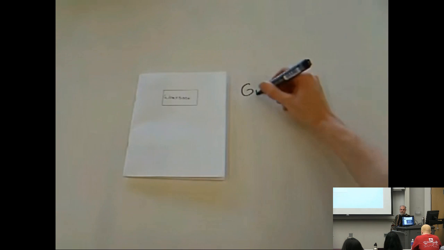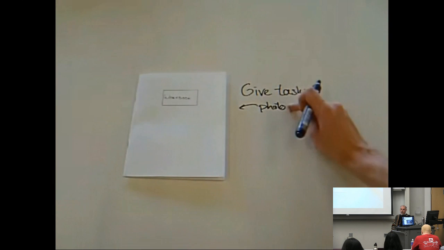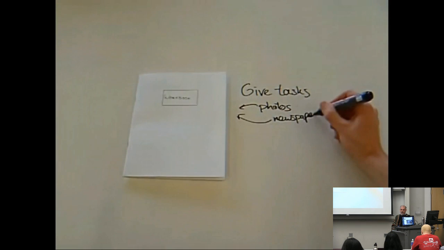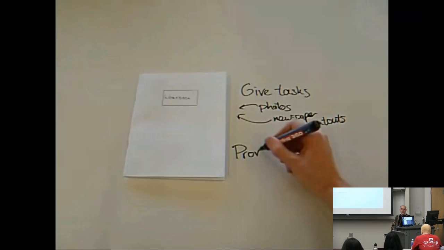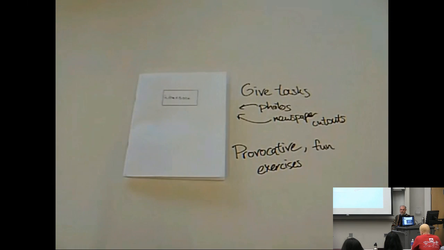Our next artifact is the workbook. In the workbook, the designer can give tasks to the participants to execute or write about. This can be adding personal objects like photos or newspaper clippings. Its provocative and fun exercises invite participants to work actively with this part of the program.